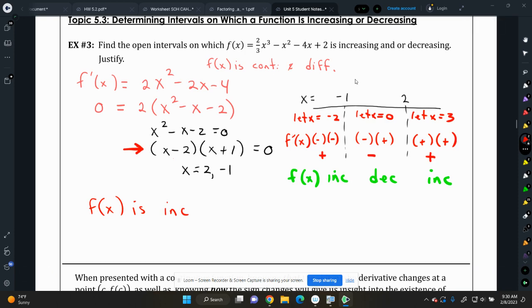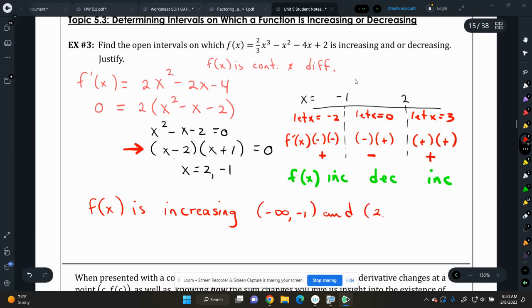What's the interval that it's increasing on? Negative infinity to -1. Good. And 2 to infinity.